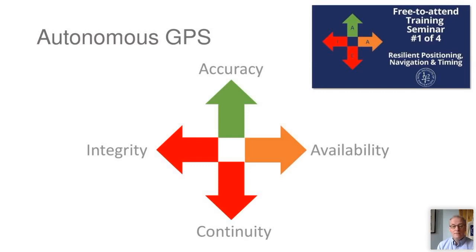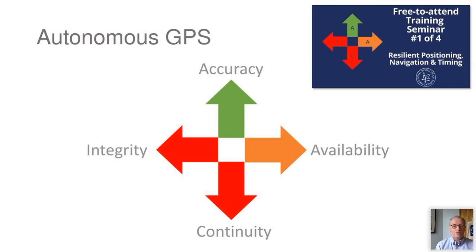But at a very basic level, your GPS will give you a position and time if you're interested in time, but often won't tell you the integrity or the goodness, if you like, of that position, and it will not tend to raise flags if there's an issue with the accuracy.